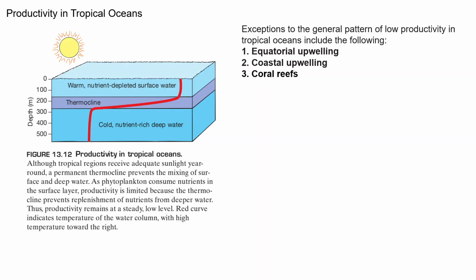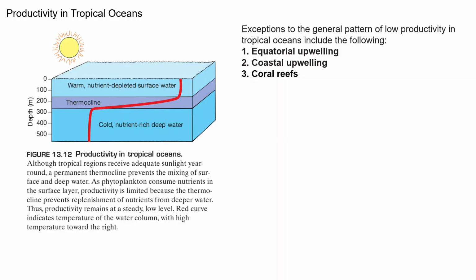As a result, even though solar energy is available in enough quantities, the limiting factor now becomes nutrient availability. In the case of polar regions, nutrients were available. What was not available? Solar energy. In tropical regions, solar energy is available, nutrients are not available.